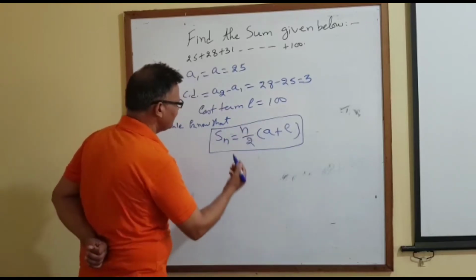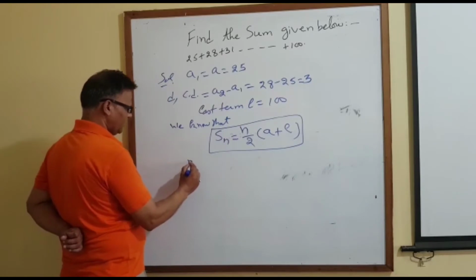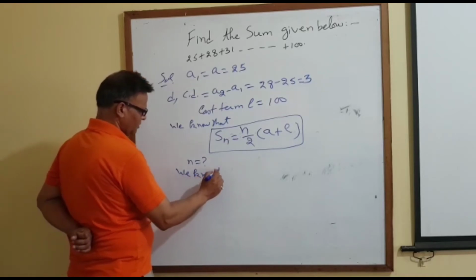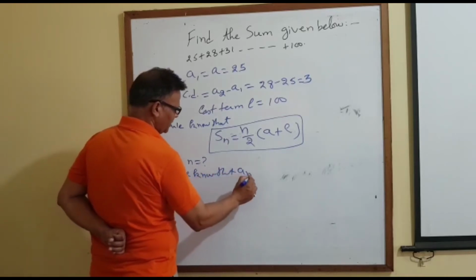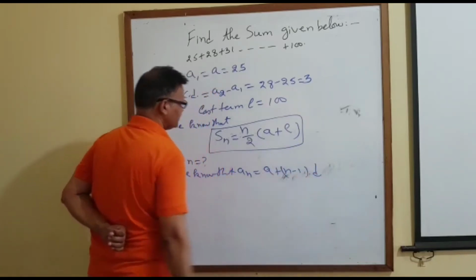So first of all we have to find n. Again we write the formula. We know that an is equal to a plus n minus 1 into d.